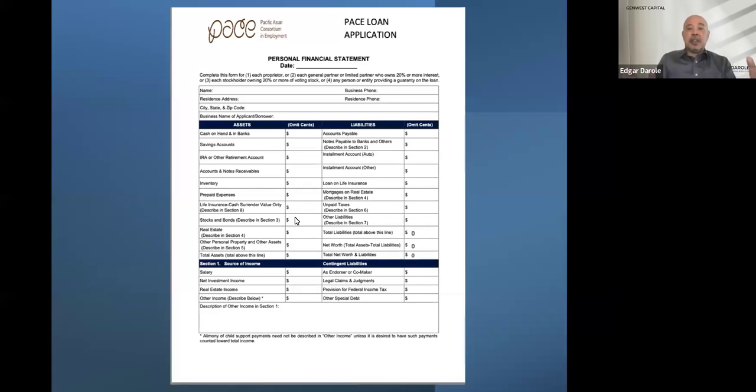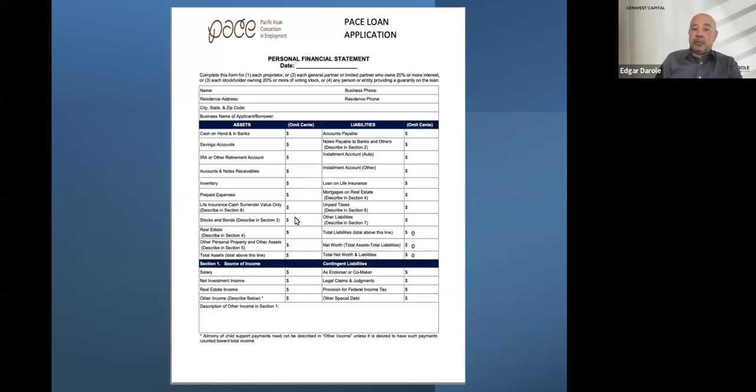It's just different information sometimes, but they capture in essence what I talked about earlier, which is your statement of your personal assets and your personal liabilities. So on this form, you have the assets on the left-hand side, and then the liabilities on the right-hand side.